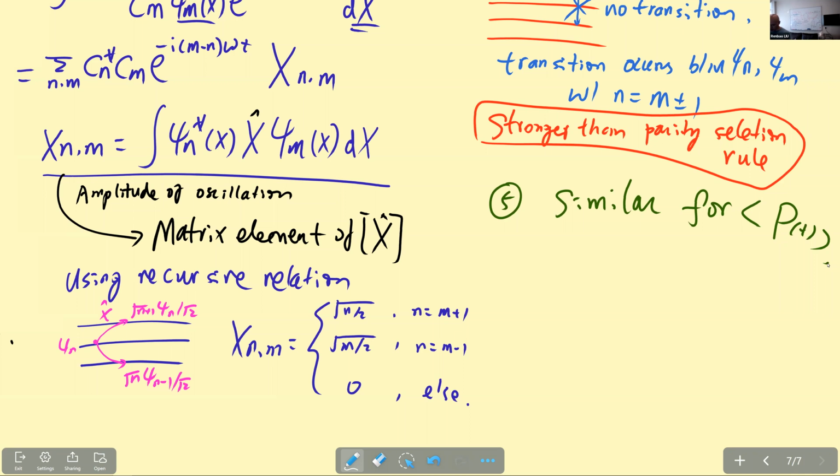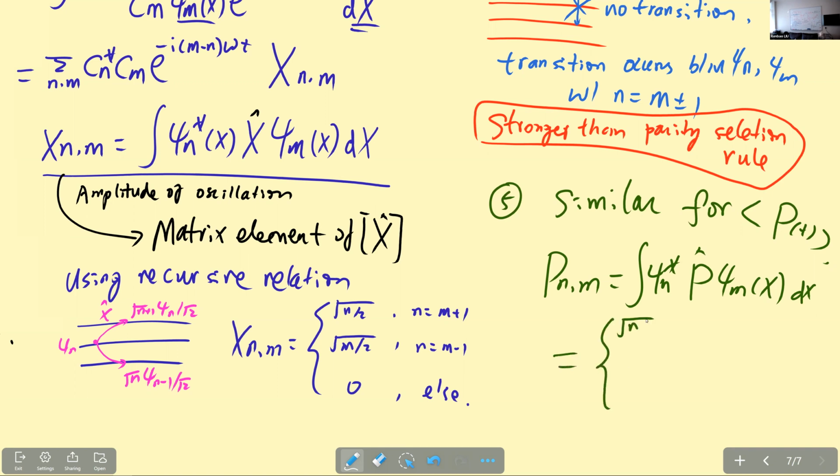And actually, it's similar for the momentum. If we look at the momentum, it also has a matrix element. Again use the recursive relation, and you can obtain this matrix element.